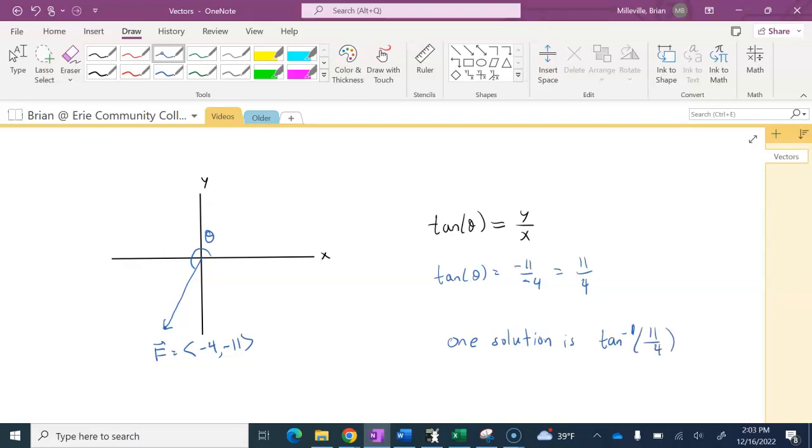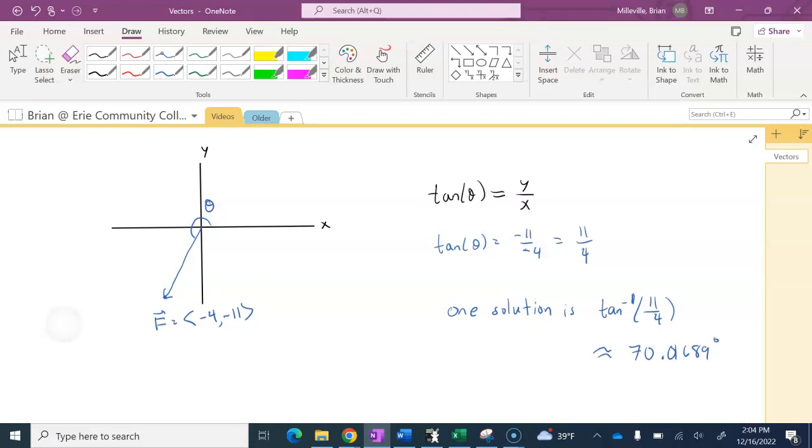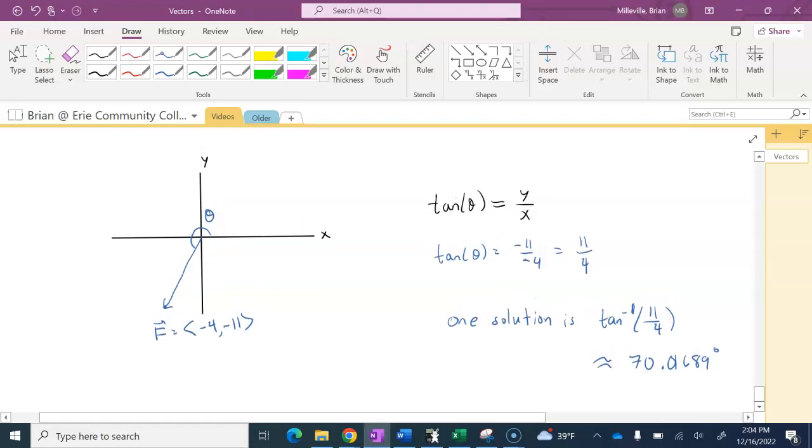If you plug this into a calculator in degree mode, this is approximately 70.01689 degrees to 5 decimal places. Now that's not quite right. Again, there are infinitely many solutions, and our calculator is only going to tell us one using the inverse tangent key.